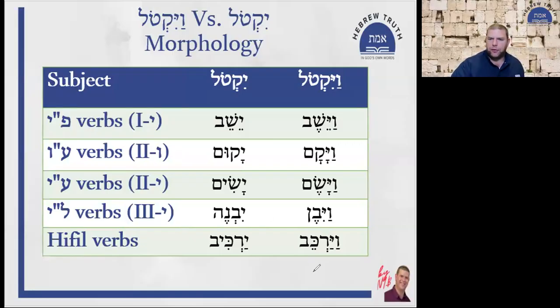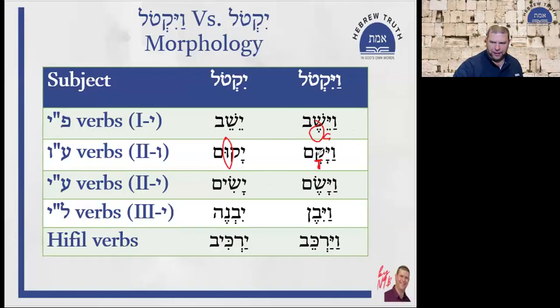So if the first root letter is a yod, we might find a small difference in vowel pointing, not getting into the reason at the moment. And here, with the ayin vav verbs, we might see the vav with a u, yakum versus vayakum.